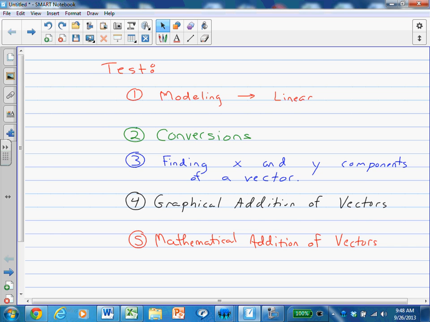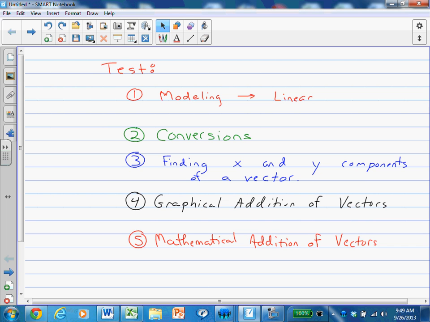Then you take the next one, say it was 30 meters at 145 degrees, and you measure that and you put that head to tail, and then you draw the resultant in from start to finish. Then you measure the resultant and you use your scale to convert that to meters or kilometers, whatever you're using, and you measure its angle to know its direction. We're going to do one like that in a second.